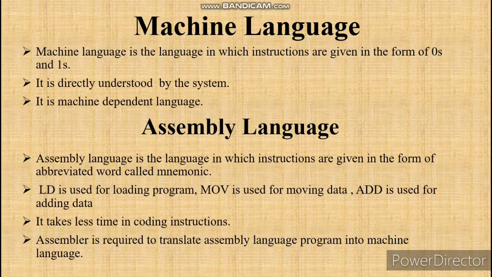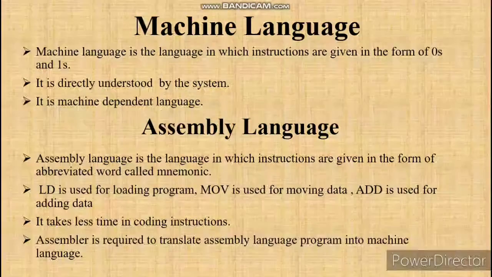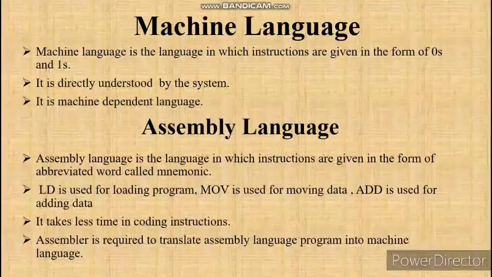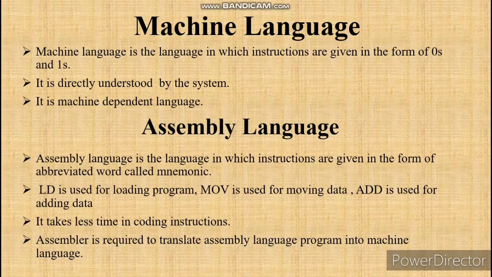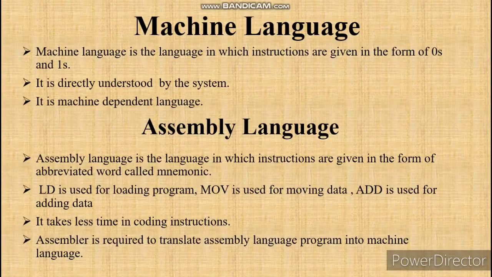The program written in assembly language needs to be translated into machine language because the computer understands only machine language, and we use an assembler to translate it. So an assembler is software through which we can translate an assembly language program into machine language.